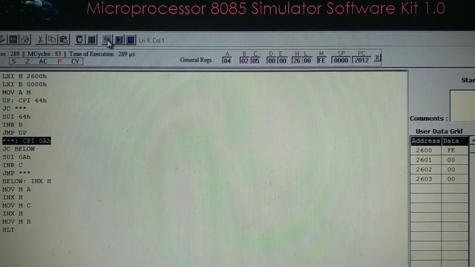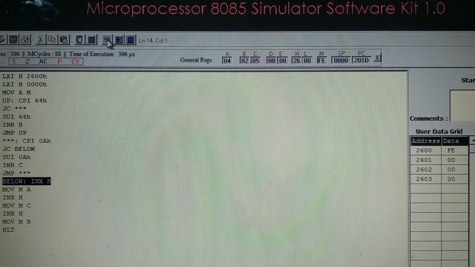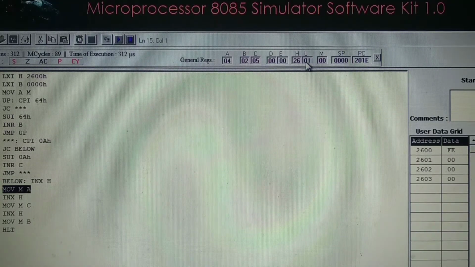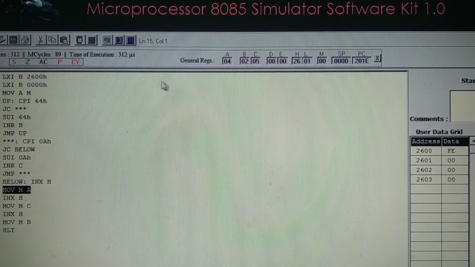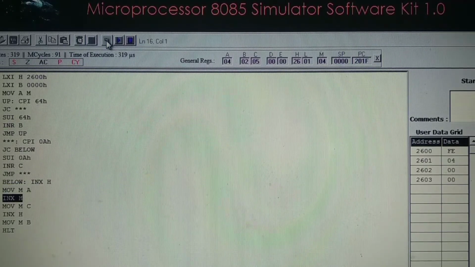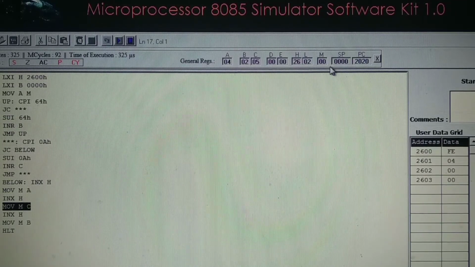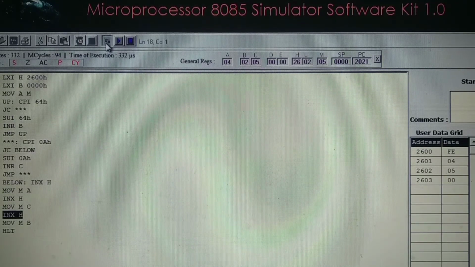Next step, INX H 2601, content of accumulator will go to this place, 04. INX H 2602, content of register C, that is 5, goes at this place. Thus the program gets executed.